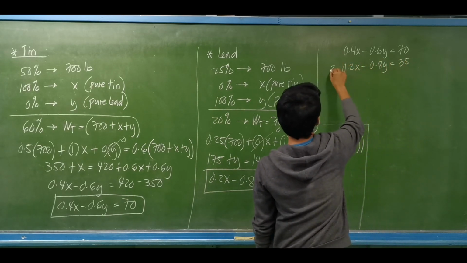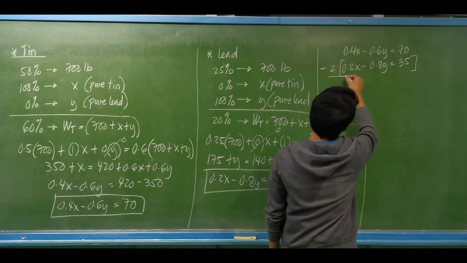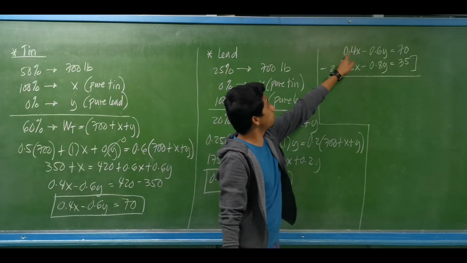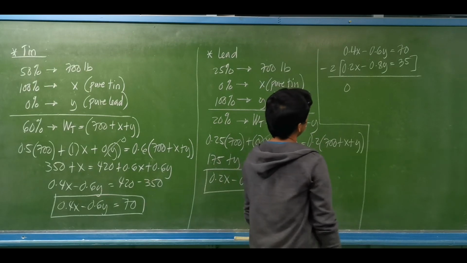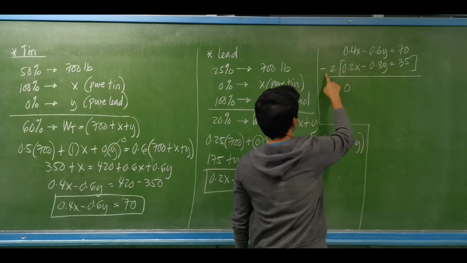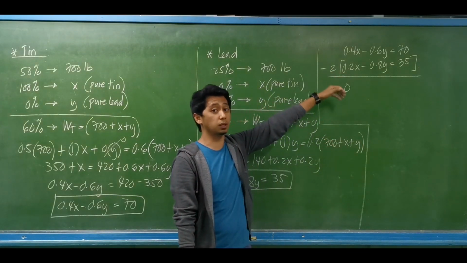So all you have to do is multiply the second equation by 2, then we subtract. So we are doing elimination. 0.4 minus 2 times 0.2 will be 0. Then we have negative 0.6 minus 2 times negative 0.8.